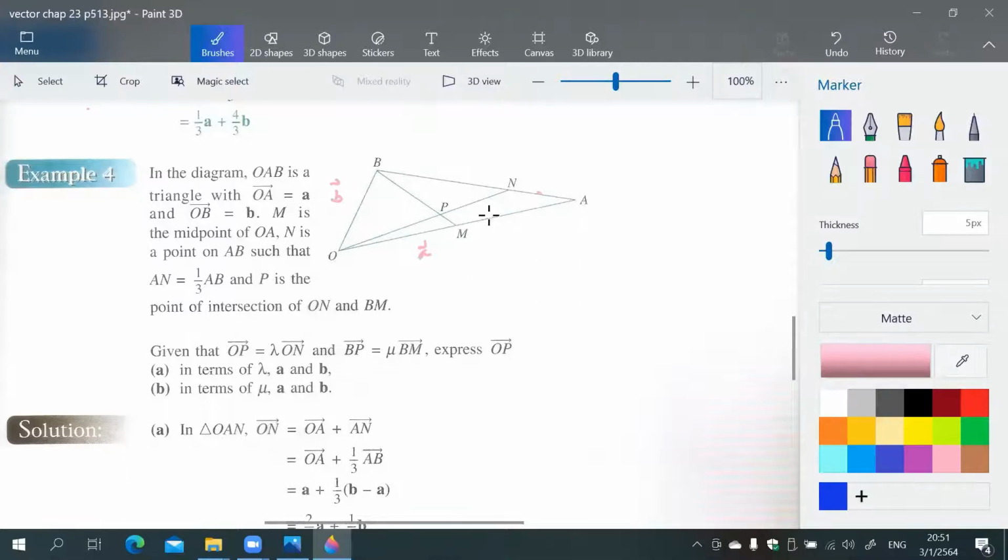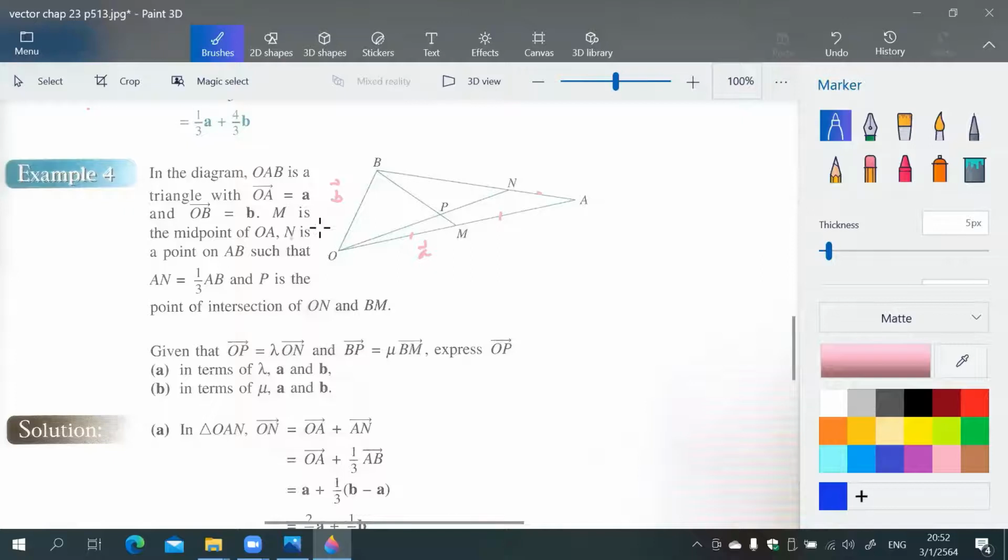So M is the midpoint, then we know the length of OM equals the length of MA. At the same time, we can conclude that vector OM equals vector MA.